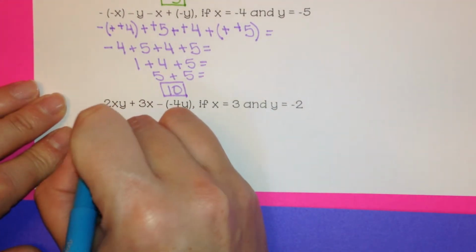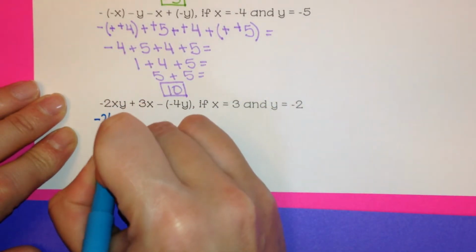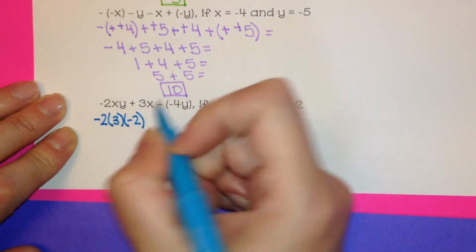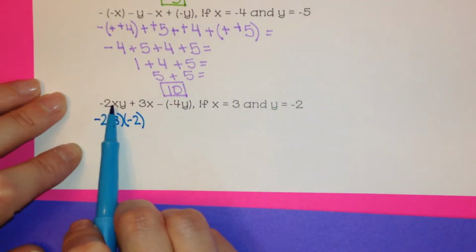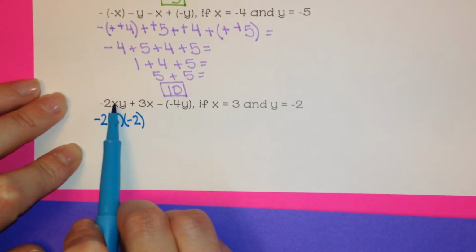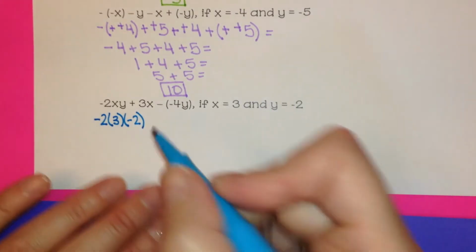Okay, we have negative 2 times x, plus 3 times y, which is negative 2. Okay, again, when you have a number and a variable next to each other, it means multiplication. Also, if you have two variables next to each other, those two variables are being multiplied together.